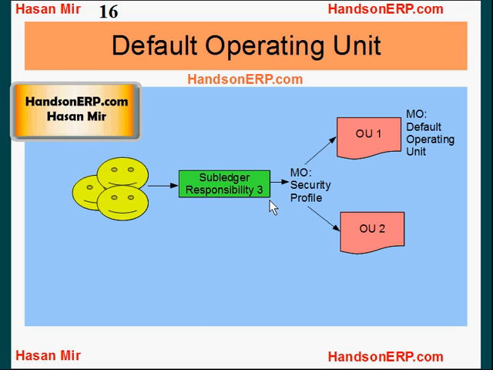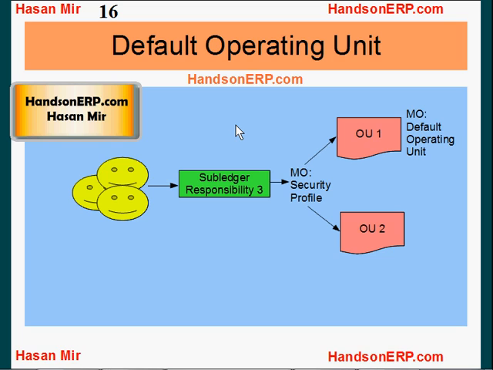So while we have a security profile playing a role of giving access to multiple operating units through a single responsibility, you can also take advantage of yet a third profile option called MO default operating unit. This profile option will control which of these operating units will appear as a default when you go to certain screens, and then you will have the option of changing the operating unit from the default to some other operating unit using the pick list, but one of them will be chosen as a default using this profile option.